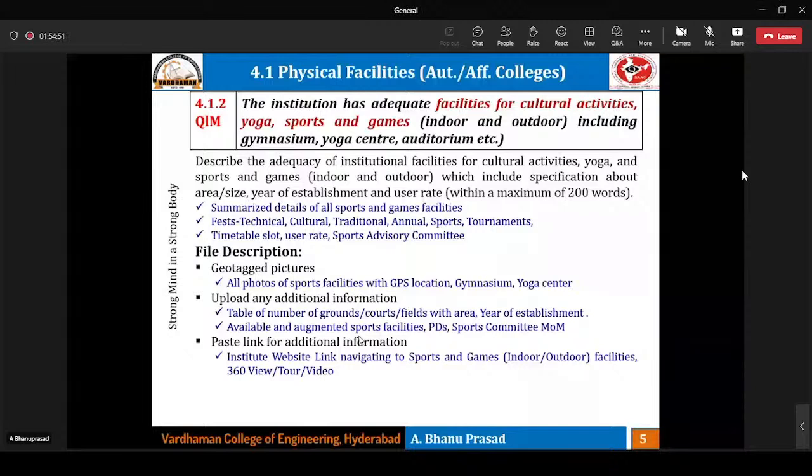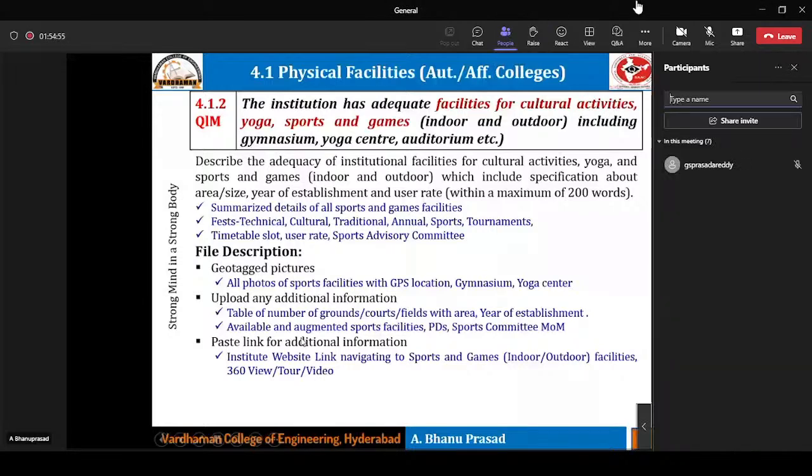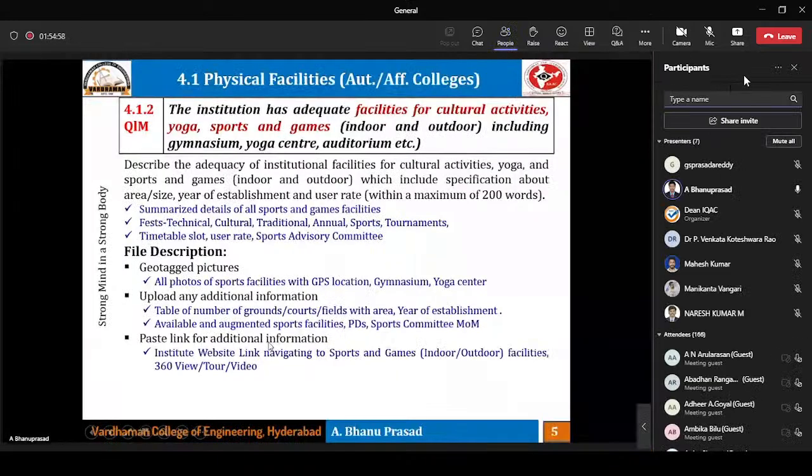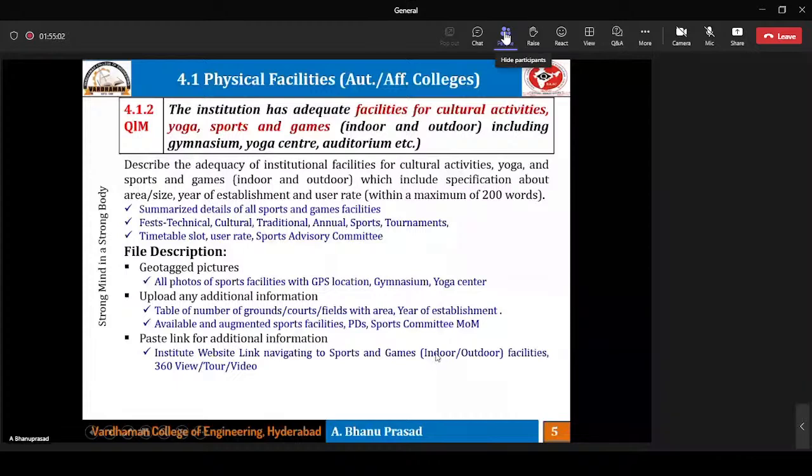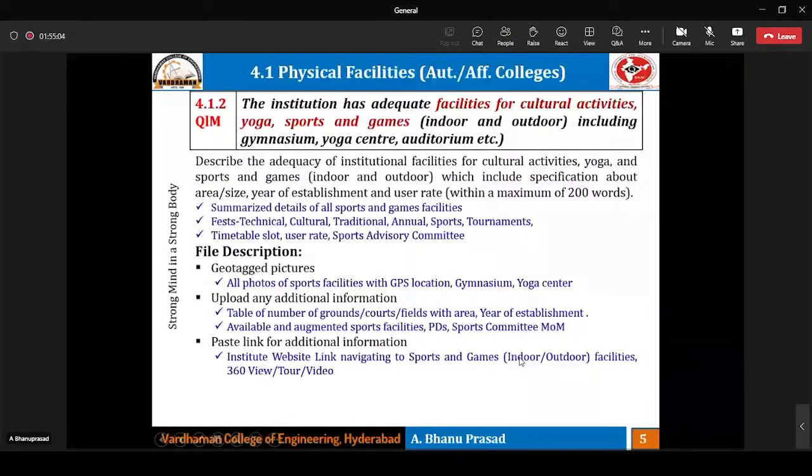And the same thing, it's asked for paste link for additional information. So we can have the institute website link navigating to sports and games, which gives the indoor and outdoor facilities or 360 degrees view or tour or videos, whichever.